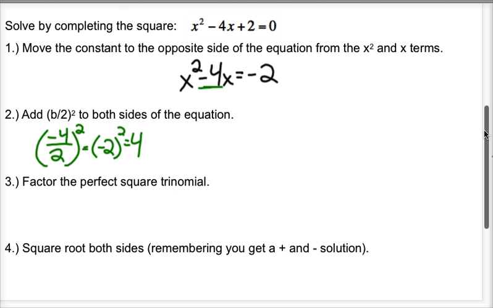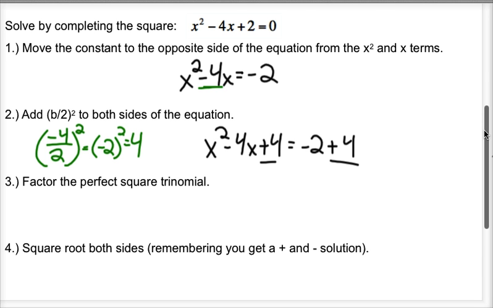Now, you know, we can't just put it on this side of the equation. It doesn't work that way, okay? We have to add it to both sides of the equation. So notice, once I find that term, I'm going to add it to both sides of the equation. Because, again, if you add it to just one side, now you're altering the value.